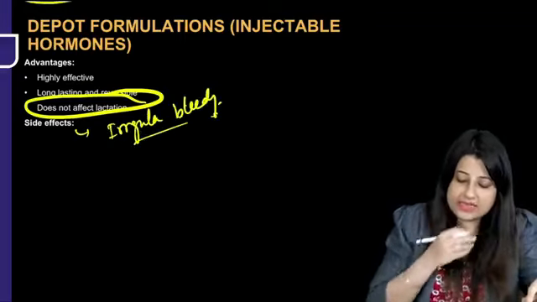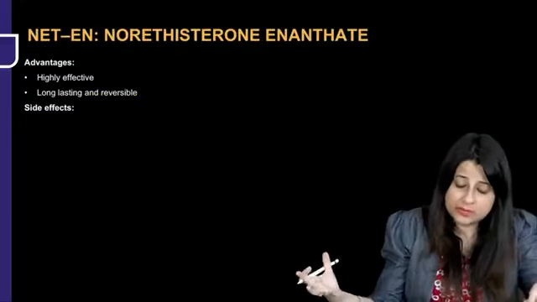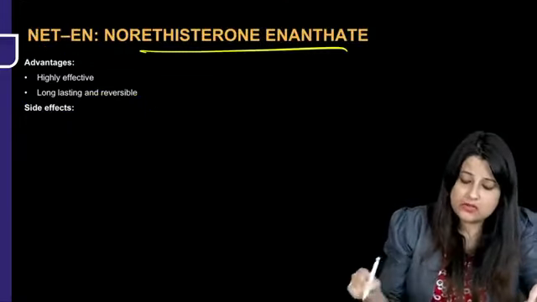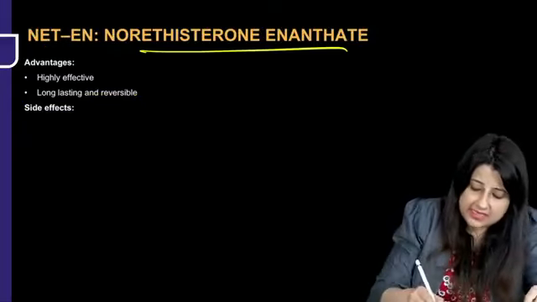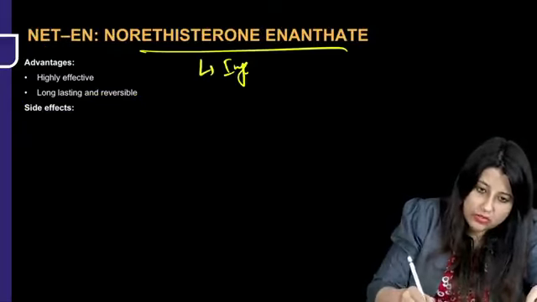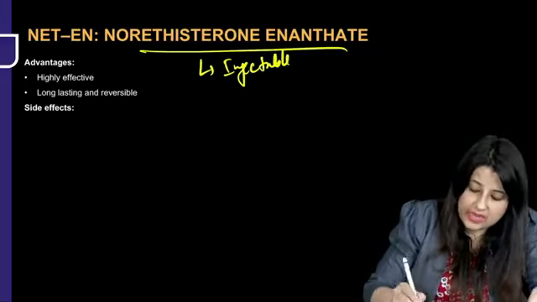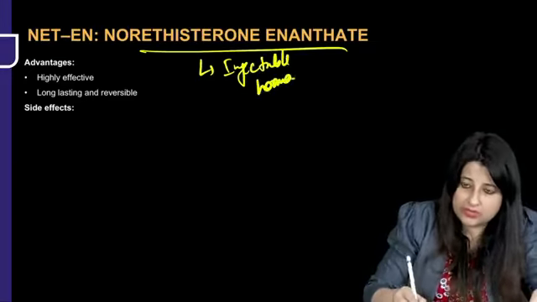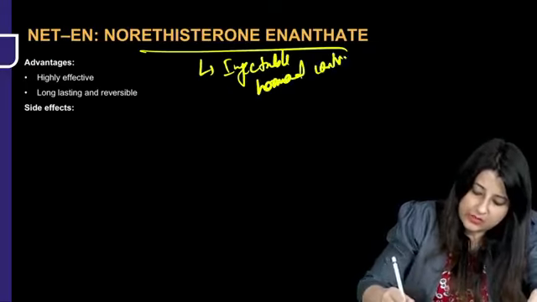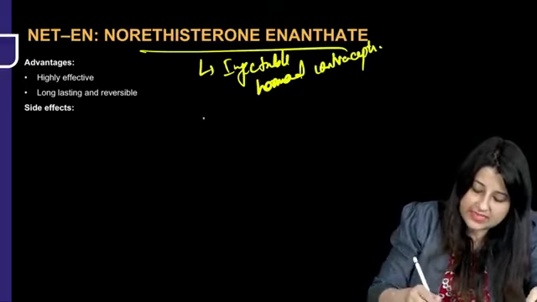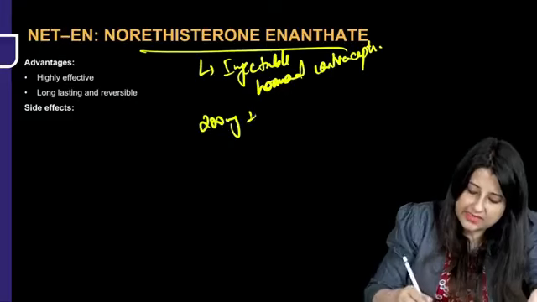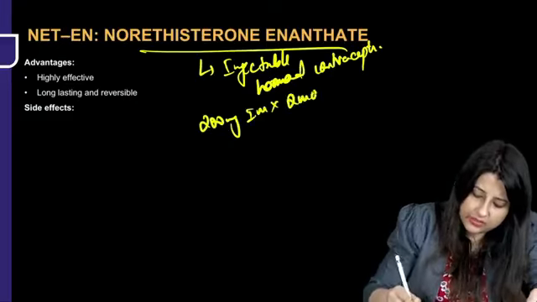Moving ahead. Another injectable hormonal contraceptive is norethisterone enanthate. This is also an injectable hormonal contraceptive, and it is actually used 200 milligram intramuscular for 2 months.